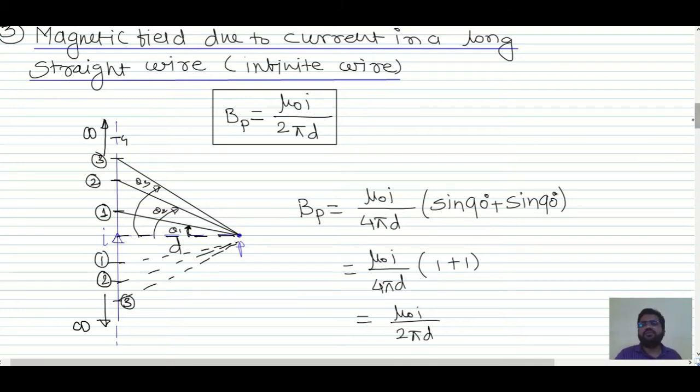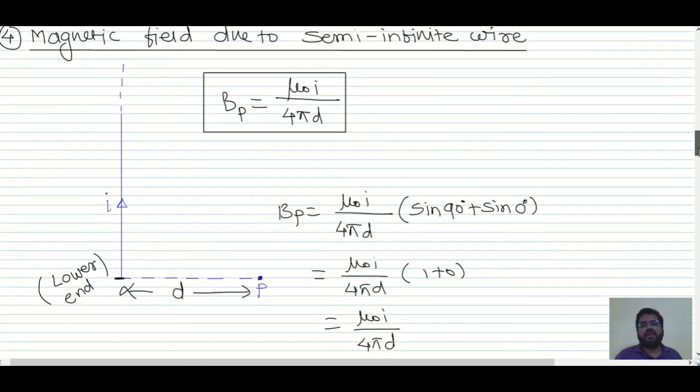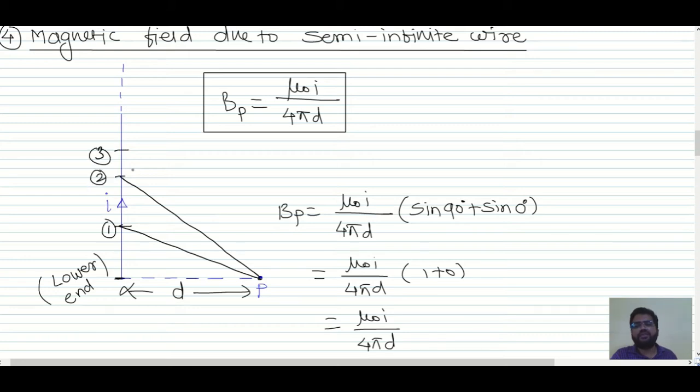So this is the magnetic field due to current in a long straight wire. It is mu naught I divided by 2 pi d. Magnetic field due to a semi-infinite wire: on one side it is infinite, but on the other side it is finite. It will go to infinity, so alpha is an increasing function, we can say.